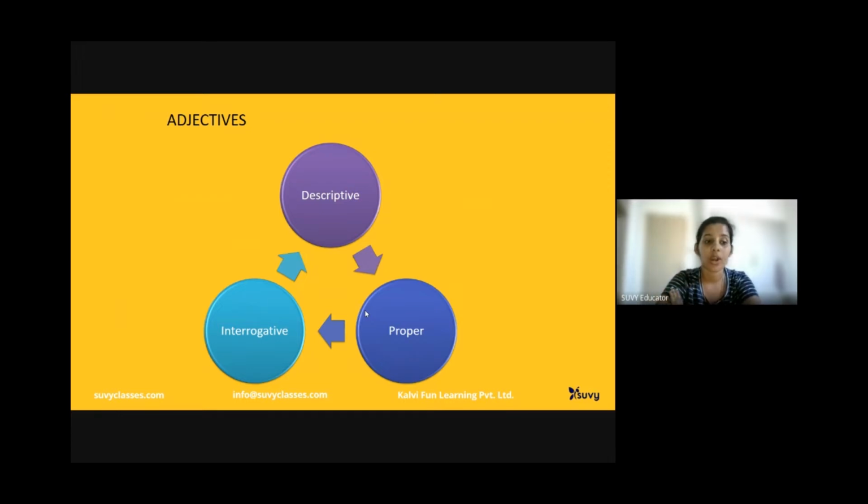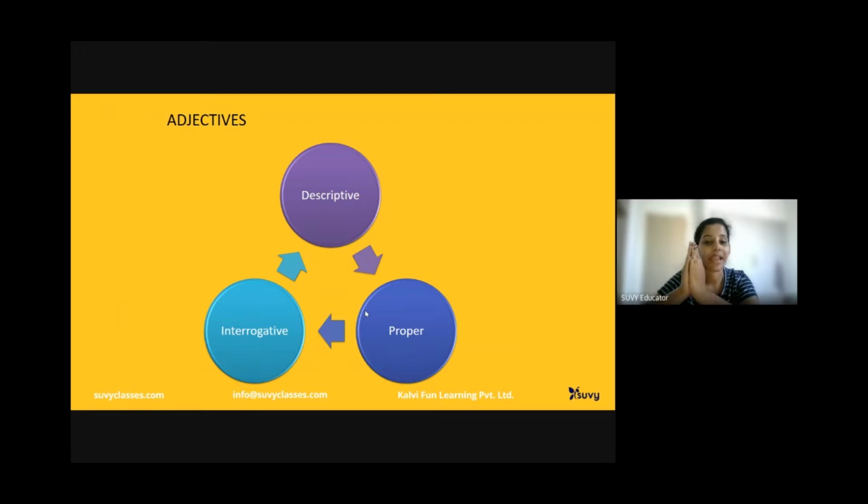Okay, so adjectives are words that describe or qualify a noun. So if there is a noun, say for example, a bag. Bag is a noun, it's the name of a thing, it's a common noun. I hope you must all be knowing all this.